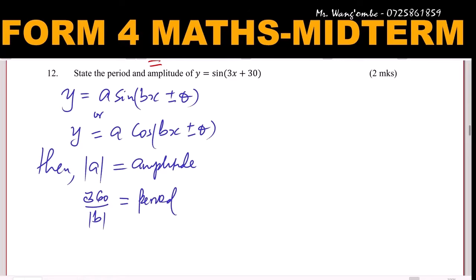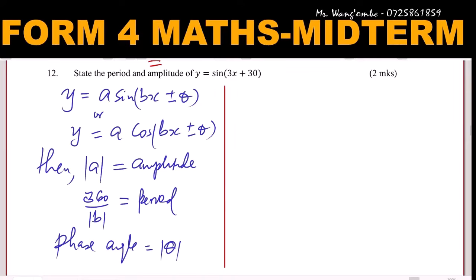Though it is not required here, the phase angle is the absolute value of theta. Absolute means that you only consider the positive values and ignore the negative.